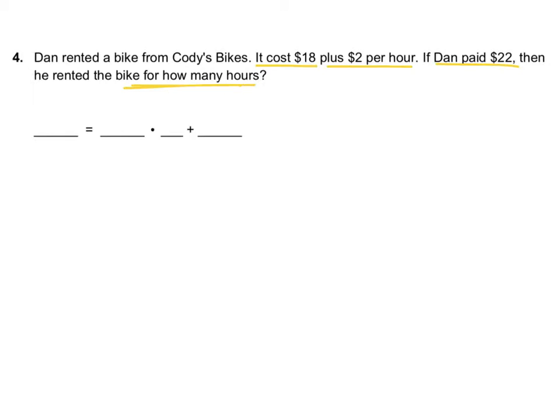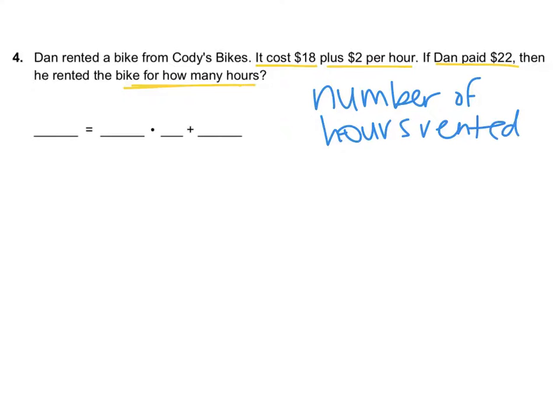So again, we need to identify the variable. So we're trying to figure out the number of hours rented. So again, you want to think about, well, what word or what letter would represent a good variable? I'm going to use the letter N for number of hours.